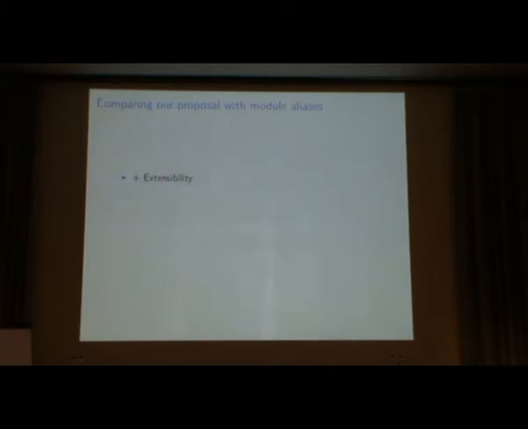If we compare our proposal with module aliases or other solutions, first we have extensibility, so we can add modules a posteriori. The build system is quite simple. You compile your modules just the way you did before. We don't need special options.